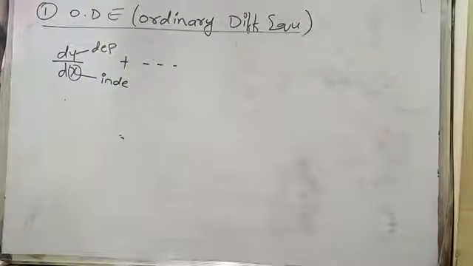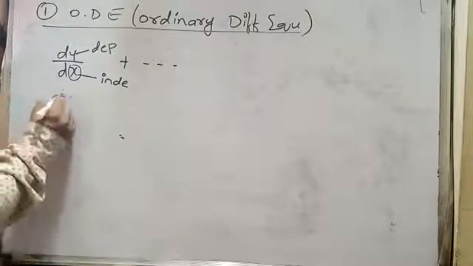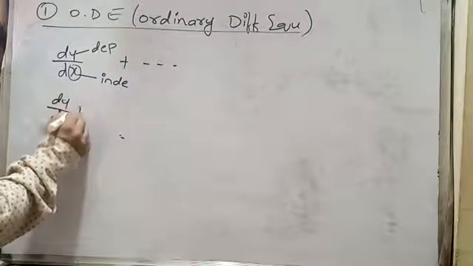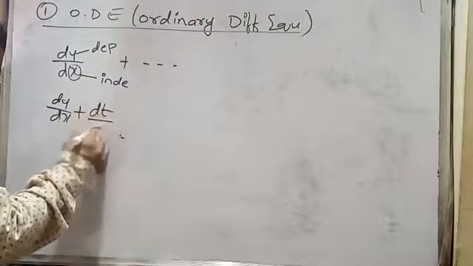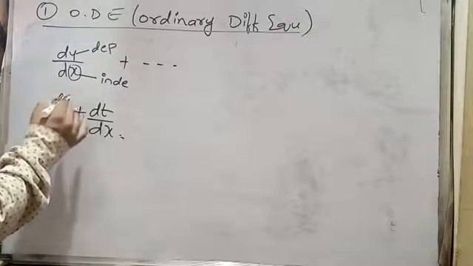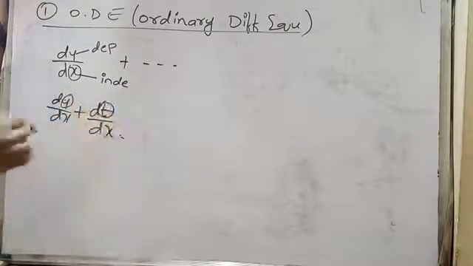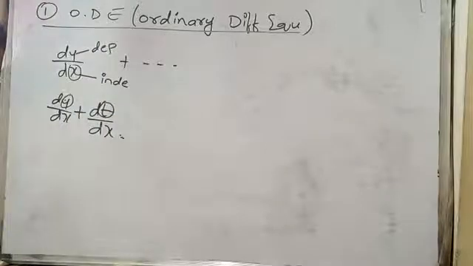And one or more dependent variables. It may have y, it may have dy by dx, plus dt by dx. These are dependent. It may have two or three dependent variables.